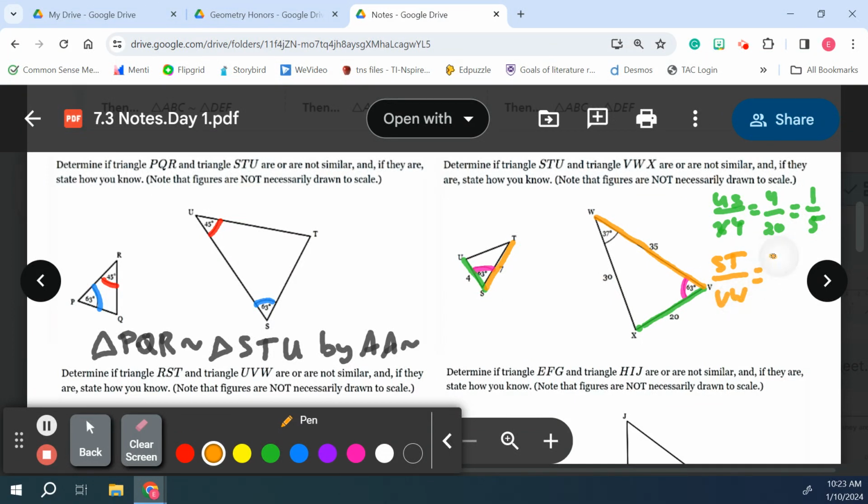This leaves me with 7 over 35. What does that reduce to? Bueller? Anybody?